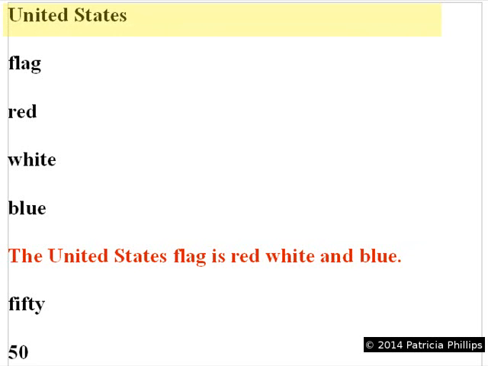United States. Flag. Red. White. Blue. The United States flag is red, white, and blue. Great job. Let's do this set of words again from the top.